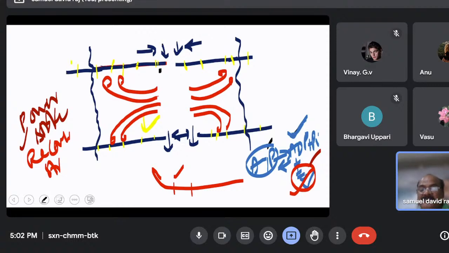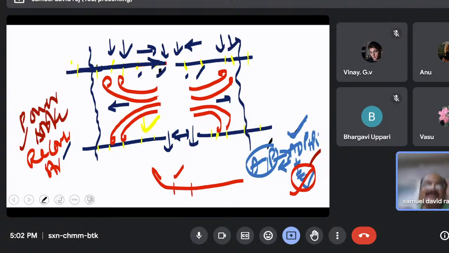Now, it is exposed to new active sites. Previously, these are the two active sites that were bound to the myosin head. After pulling, the actin moves in this direction, so that when the myosin relaxes and comes back to its normal position, it is exposed to new active sites.